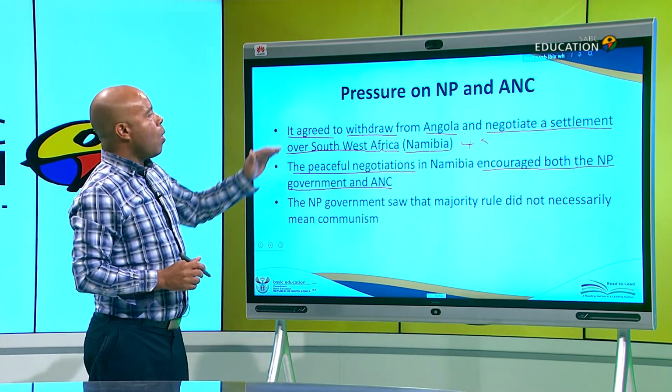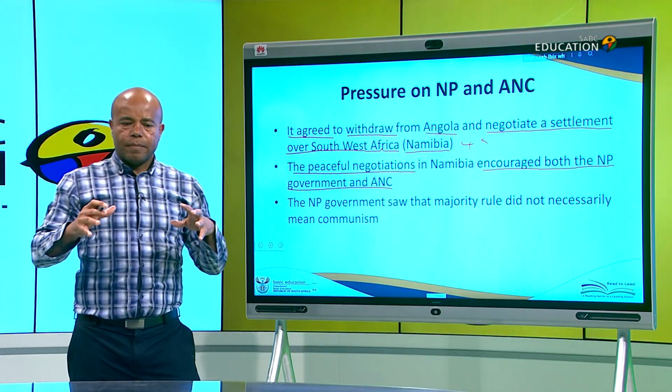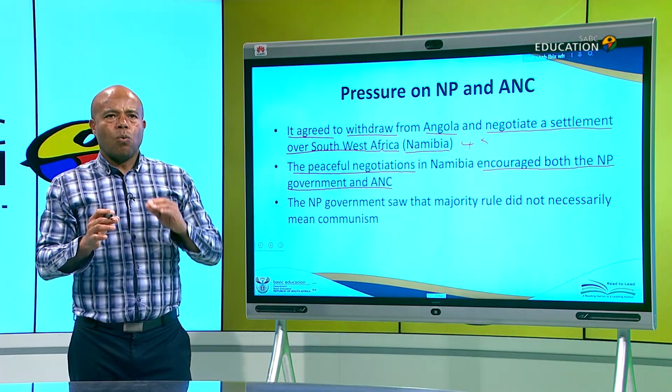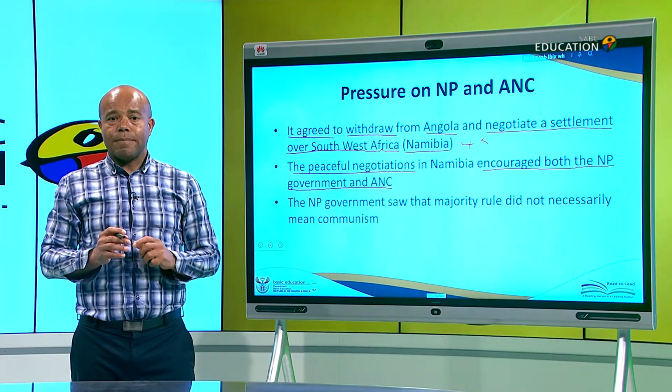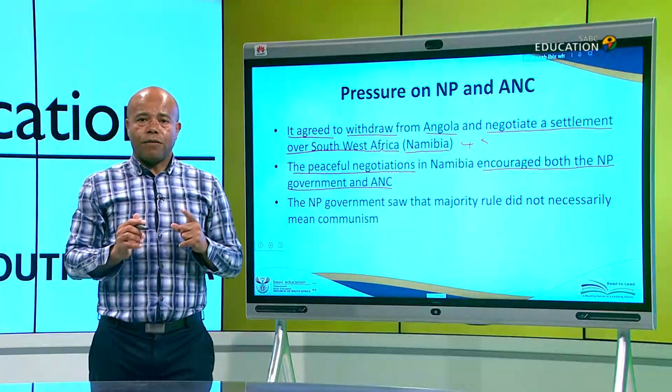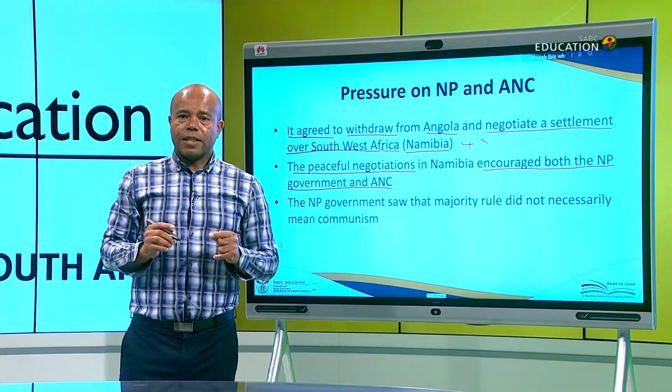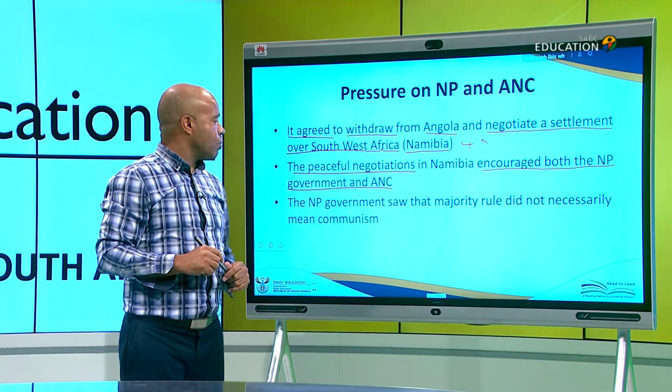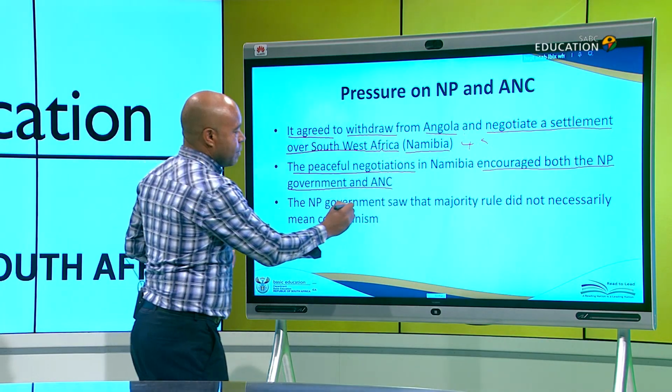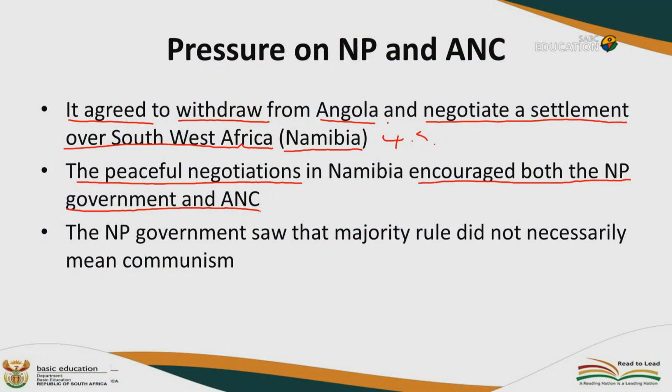All the pressure that mounted on them initially started way before 1989, but in 1989, after the fall of the Berlin Wall, that enhanced the negotiating process. The national government saw that majority rule did not necessarily mean communism. So what the National Party realized is that majority rule did not mean that communism would take over South Africa.